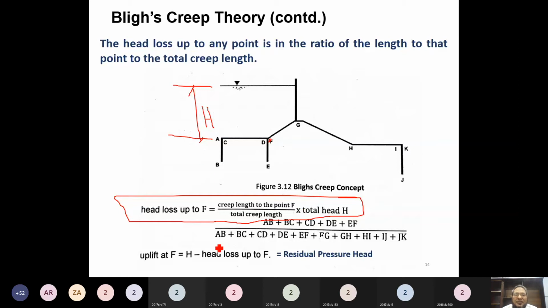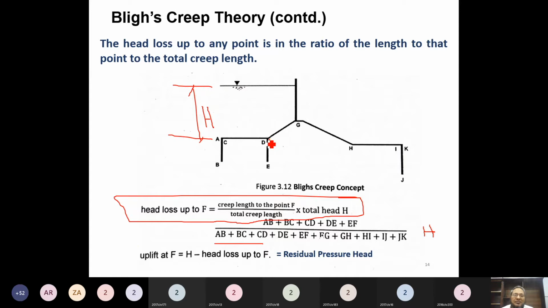That is AB given below here, plus BC plus CD plus DE plus EF plus FG plus GH plus HI plus IJ plus JK. So this is the total creep length. Then what do we multiply it with? With H, which is the head. This would give us the total head loss up to that point F.